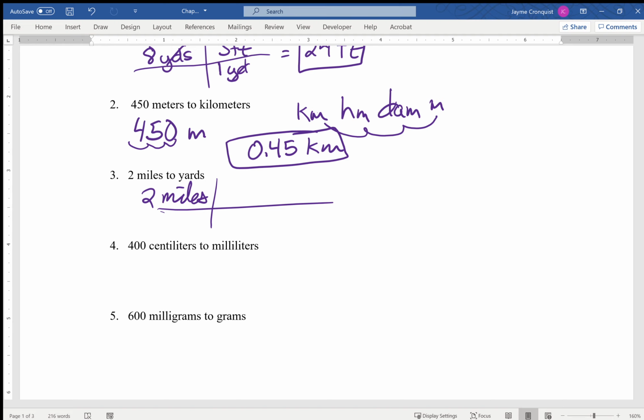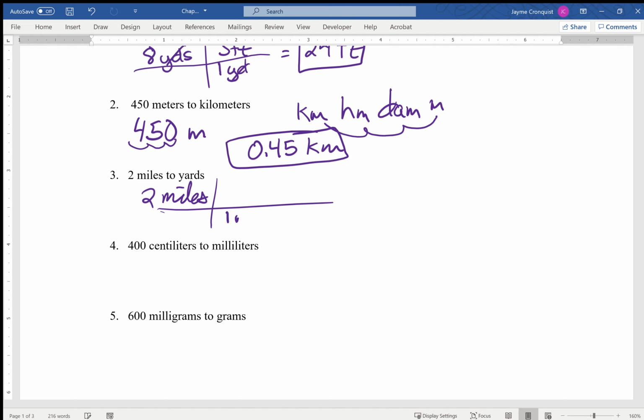On the chart, I have acres, I have square feet, and square yards, and square inches and square feet. We're not doing that. Oh, I'm sorry, there it is. 1 mile is 5,280 feet. It's up at the total top of your thing.